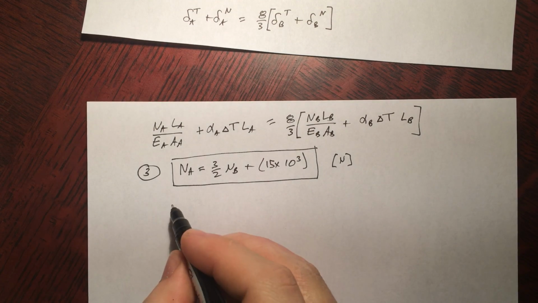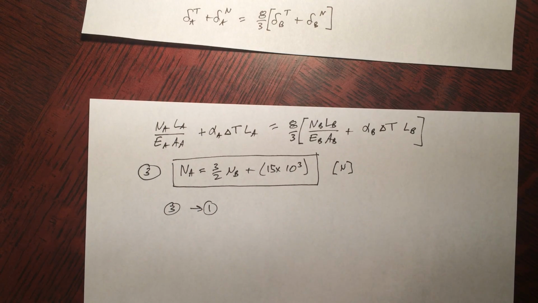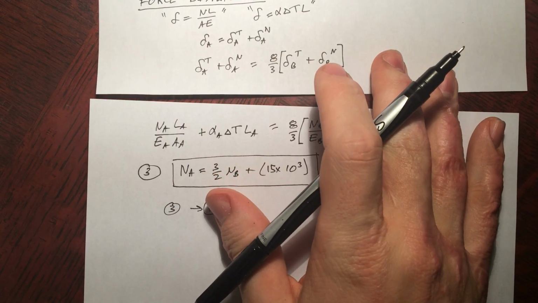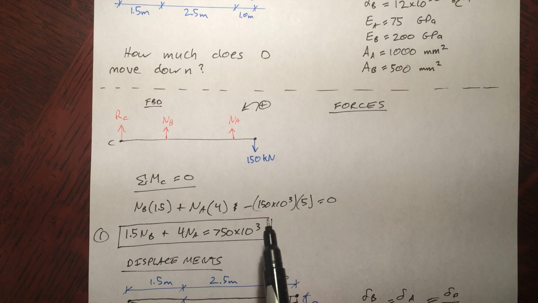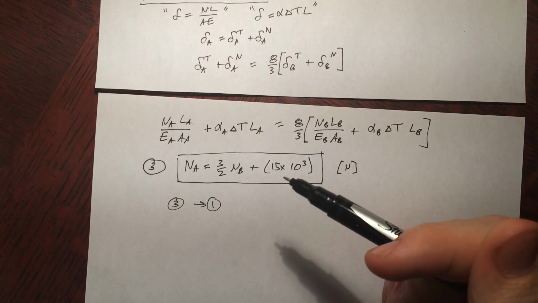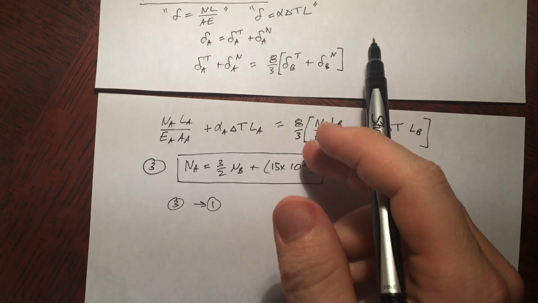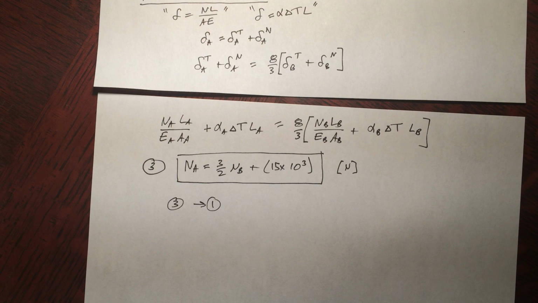Alright, we're going to take 3 now, turn it into 1. So essentially we've done what we did before in any of the other statically indeterminate problems. We found an equation to do with the forces. Found the displacement equation. We plug the two into each other and solve. The only extra thing is we have some thermal effects to take into consideration here.